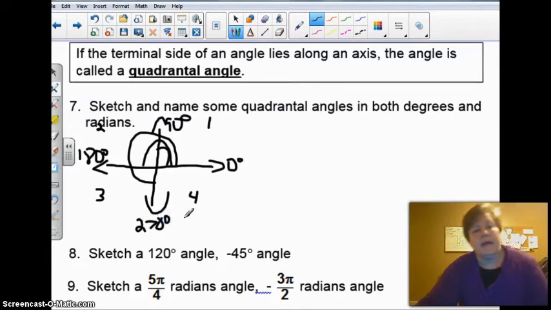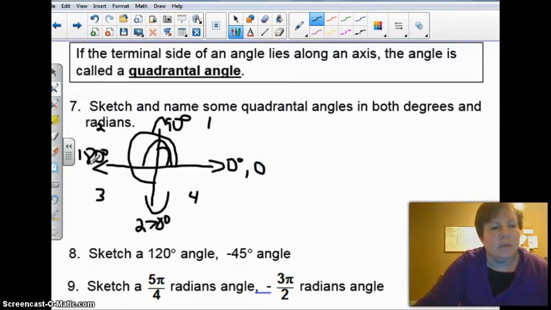Okay, now as radians go, this would still be 0 radians because we haven't gone anywhere yet. And then we know that 180 is pi. So if 90 degrees represents halfway between 0 and pi, well, that would be pi over 2.